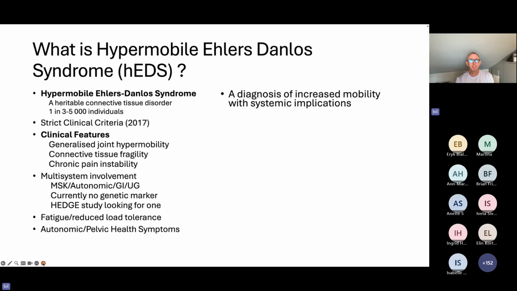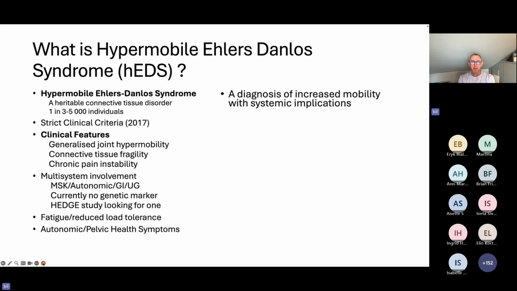So what is HEDS? What is hypermobile Ehlers-Danlos? So hypermobile Ehlers-Danlos syndrome is an inherited connective tissue disorder. It affects 1 in 3 to 5,000 individuals, and there are strict criteria that were set up in 2017.